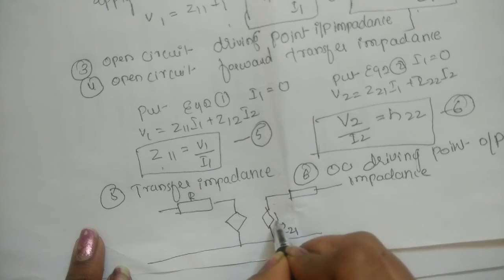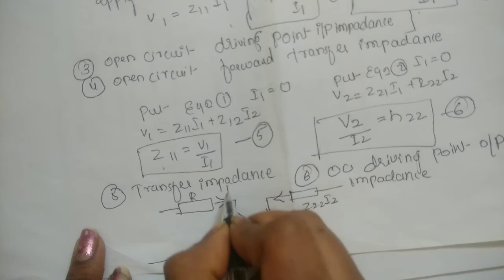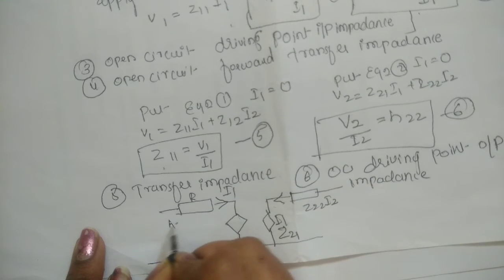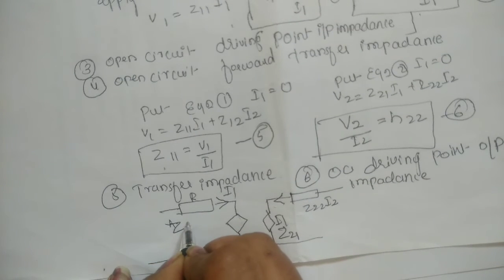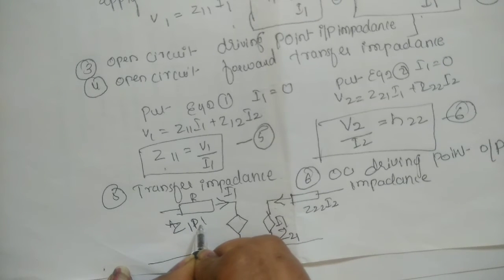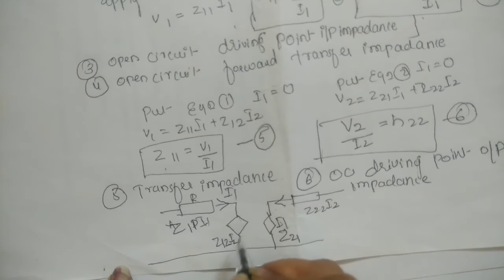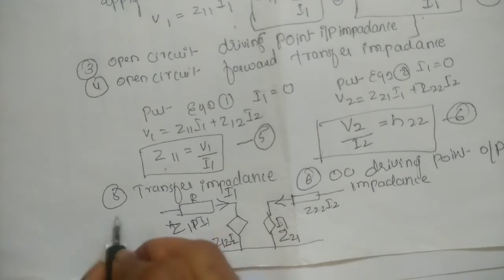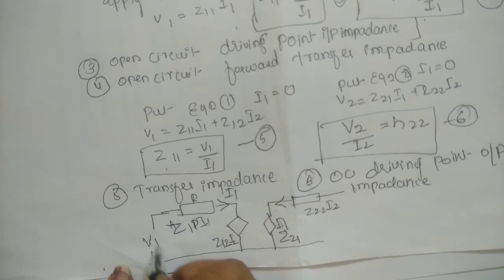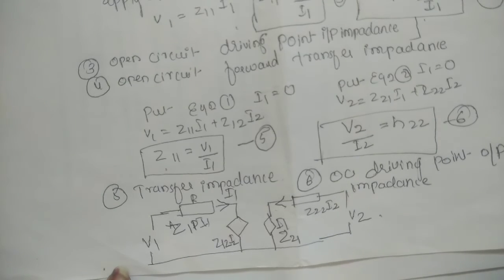Z21 I1 and Z22 I2, with I1 entering in this direction, Z11 I1, Z12 I2. This is the symbolic equivalent circuit, and V1 and V2 are the two voltages. This is the Z parameter.